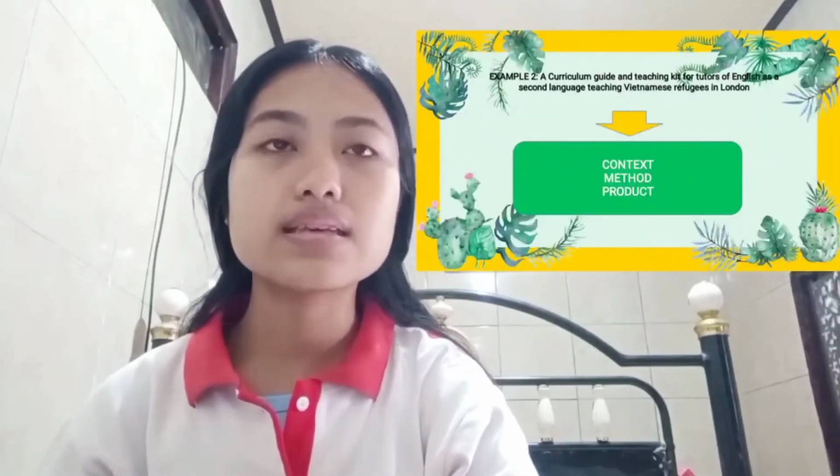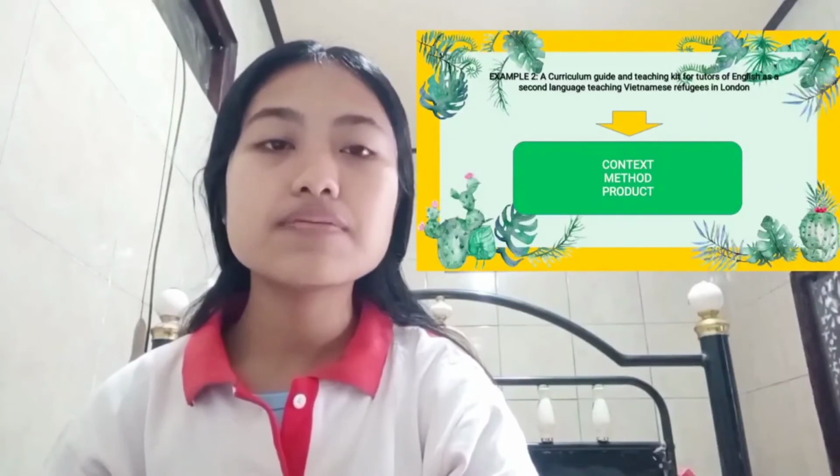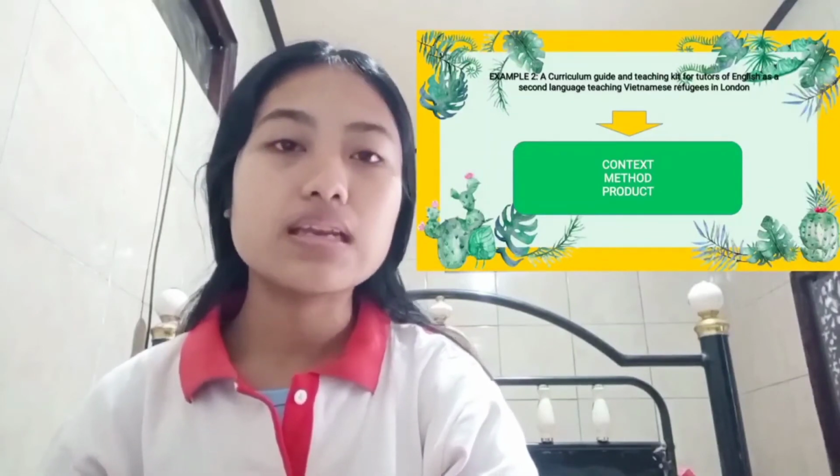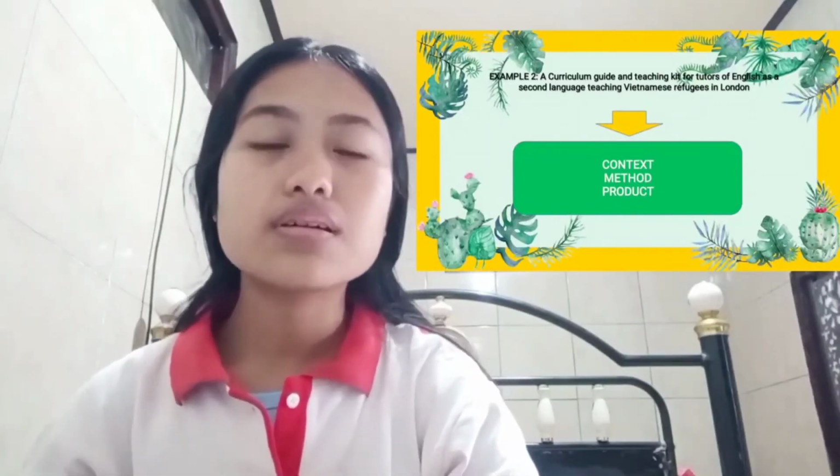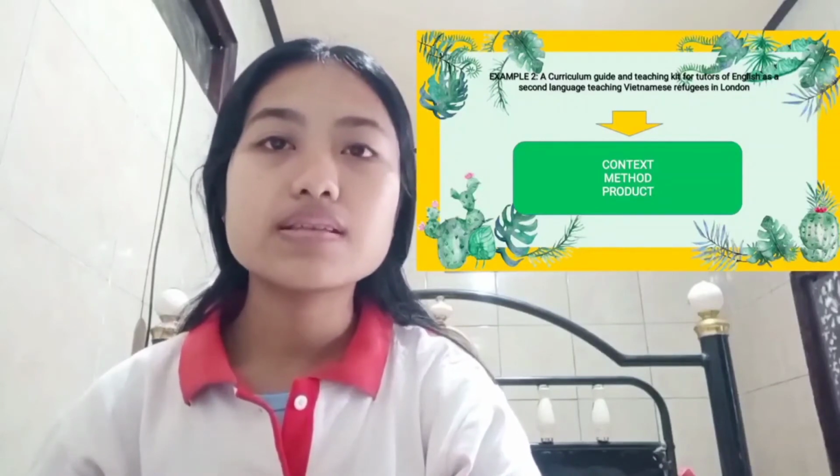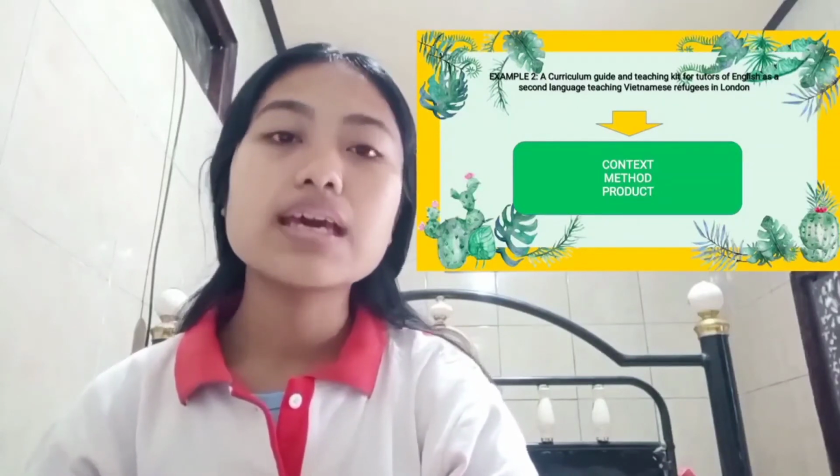You can see example 2, a curriculum guide and teaching kit for tutors of English as a second language, teaching Vietnamese refugees in London. Here there are three parts: context, method, and product.